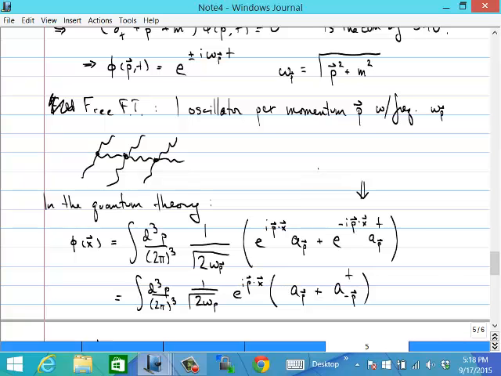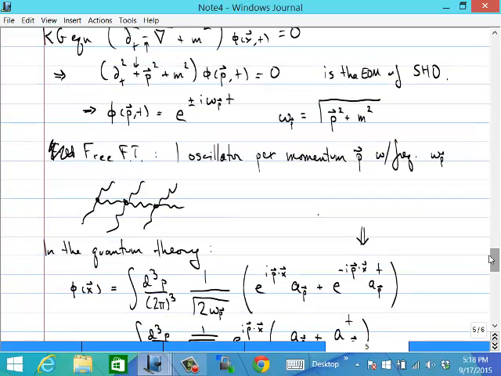So what is pi? Given those two solutions that I wrote down for phi, what is pi? Well, pi is the time derivative of phi, right? So pi will be plus or minus omega_p times e to the i omega_p t times i.